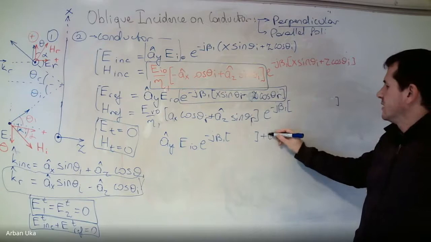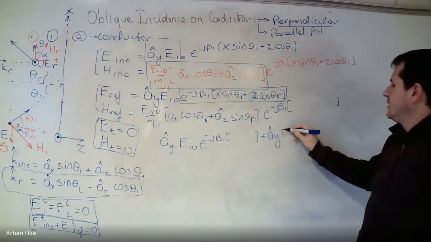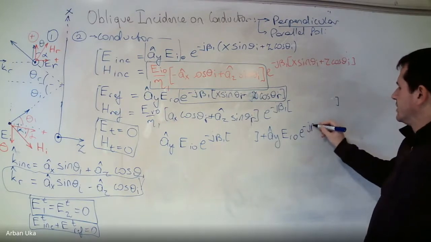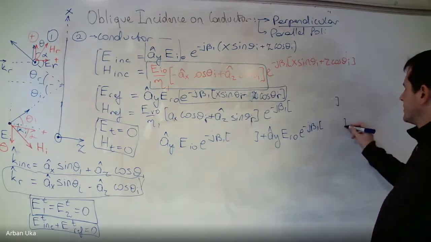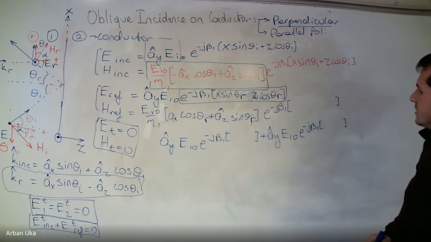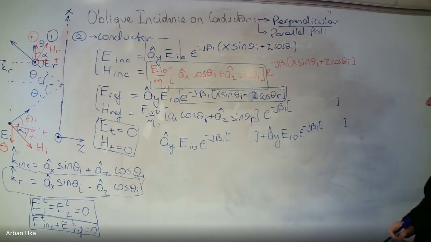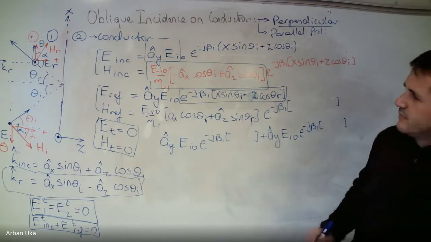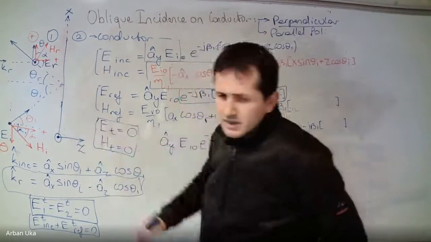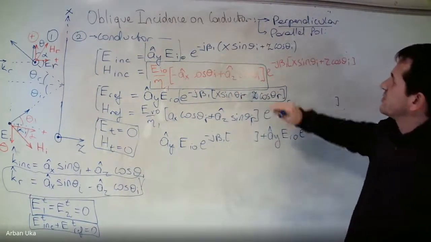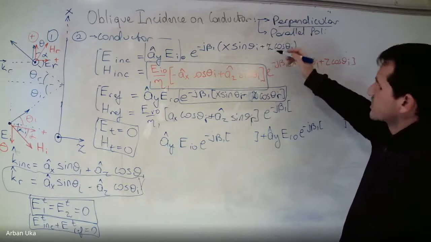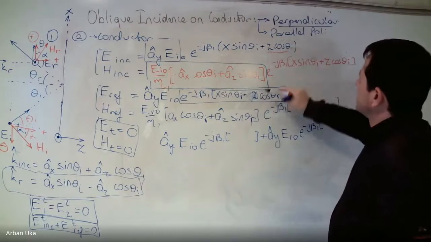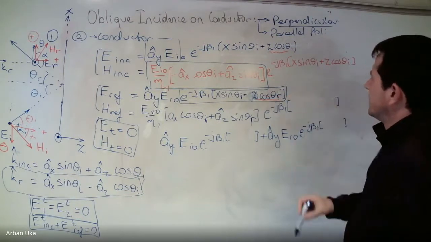This means plus AY ER0 times e to the power minus j beta 1 times a complex of terms which belong to the reflected wave intensity. And in fact, assuming that this boundary is at z equal to 0, if we substitute z equal to 0, these terms will be 0, and this is also 0.